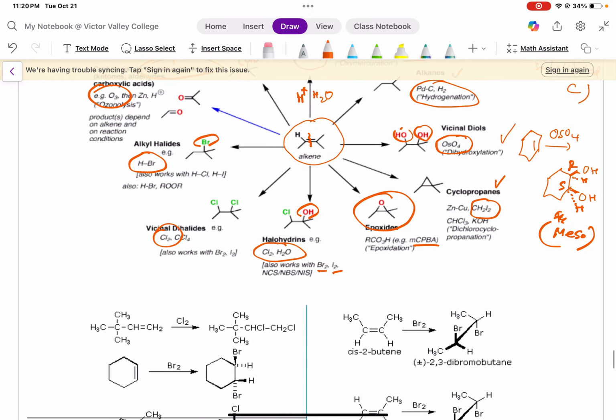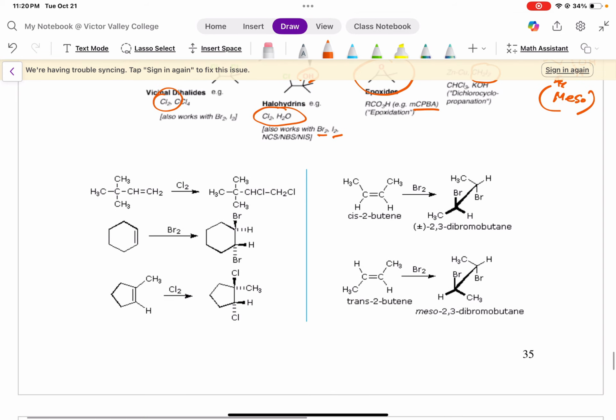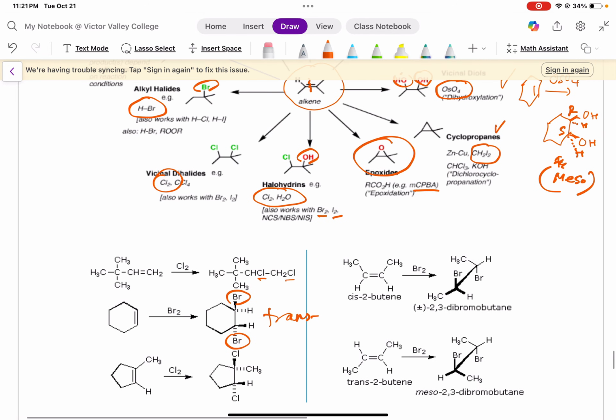All right, so about stereochemistry. When you add chlorine, you see two chlorines. For this one it doesn't matter, but if you have something like a cyclic alkene, you will get the two bromines coming in trans. It's not like OsO4. OsO4, remember, is cis.